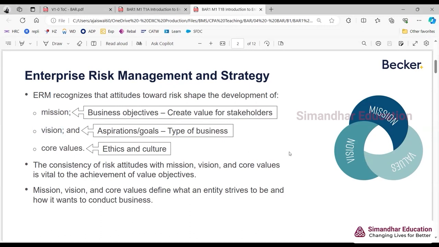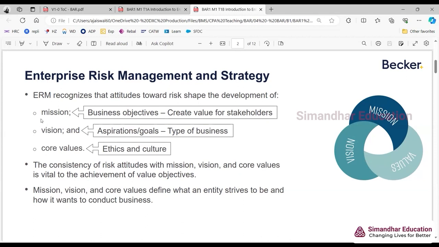Mission is why the organization exists. It is a high-level, top-level objective. Vision is what the organization wants to achieve. It is the goals. Mission and vision are written statements for every company.